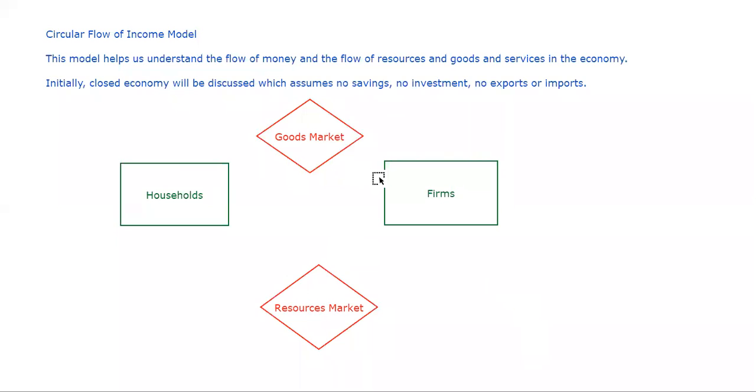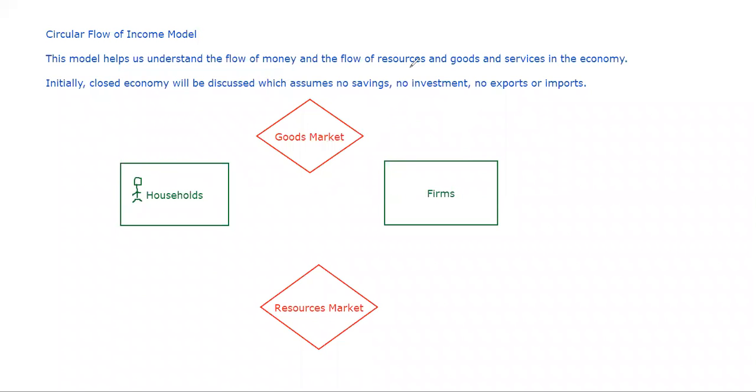So what happens in the goods market is that people like us, the individuals who are the households. So let's draw a typical household member. A household is somebody who is an individual, or you can consider a family. And this guy will buy a lot of stuff from the firms. So firms are separate legal entities which are not individuals, but businesses.